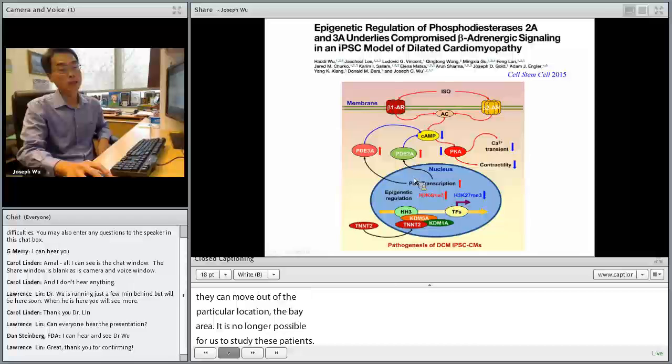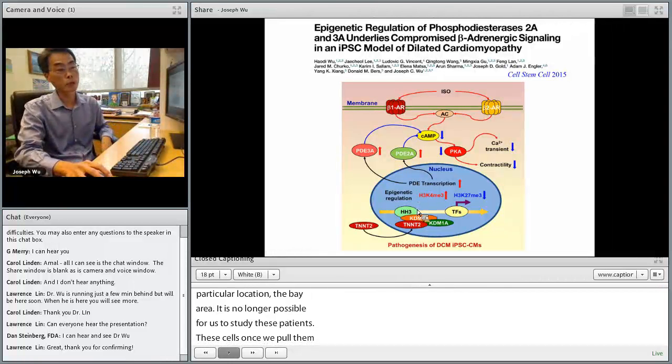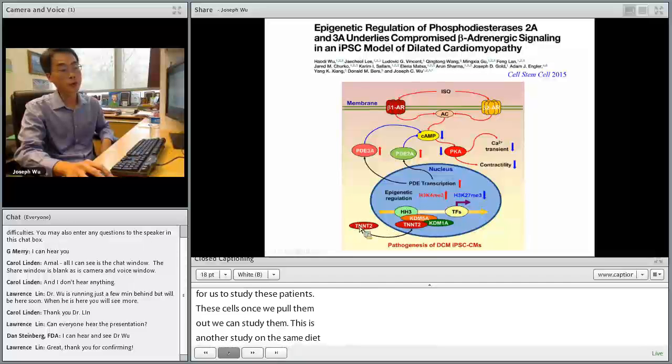So this is another study on the same dilated cardiomyopathy patient cohort, in which one of our postdocs was able to show that the mutant troponin T actually translocates into the nucleus, binds to histone demethylase enzymes KDM1A and KDM5A, and causes epigenetic changes so that there is increased phosphodiesterase transcription, which increases phosphodiesterase 3A as well as phosphodiesterase 2A.